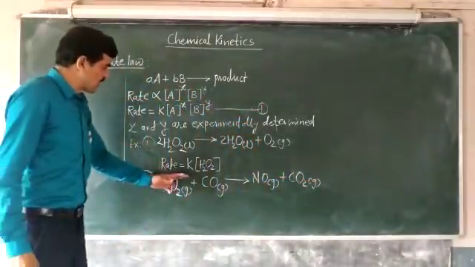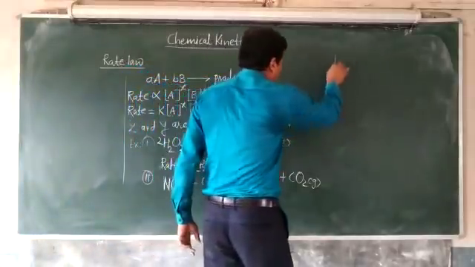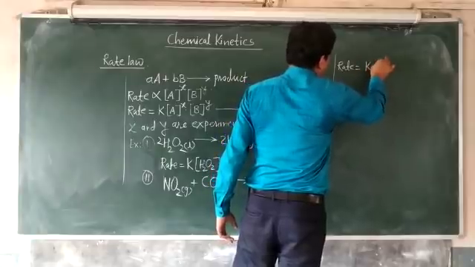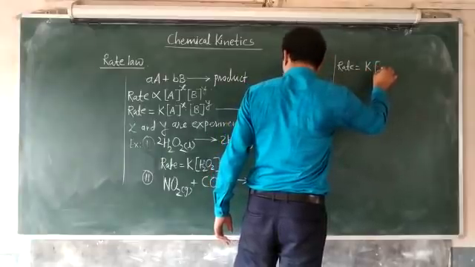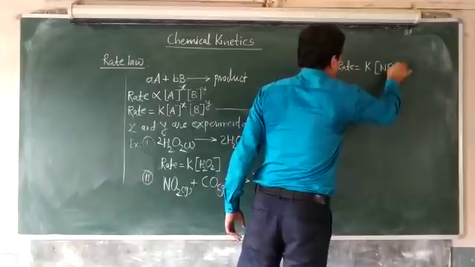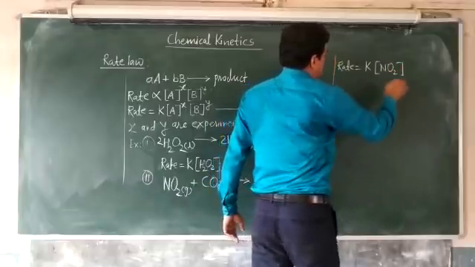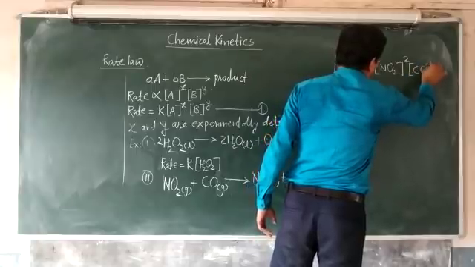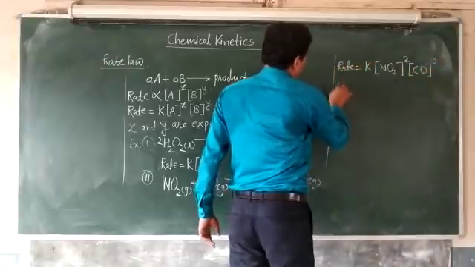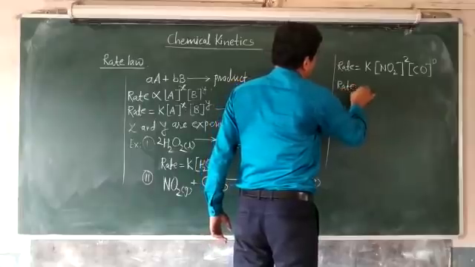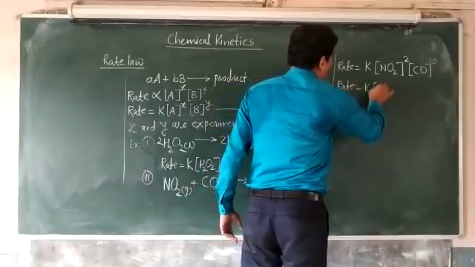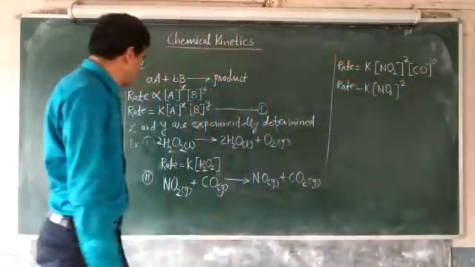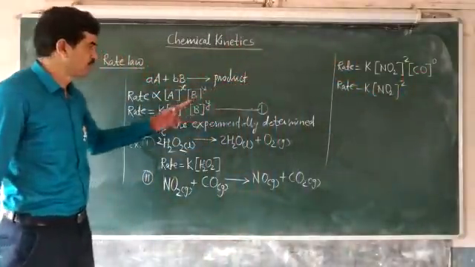From the experimental study, the rate law for this reaction is found to be rate equals k into the molar concentration of NO2 squared into the molar concentration of CO raised to power 0. Ultimately, it becomes rate equals k into the molar concentration of NO2 squared. This is the experimental rate law for this reaction.